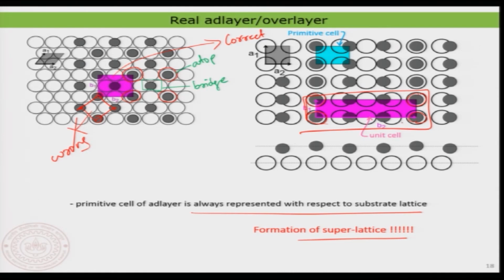You can see the lattice periodicity, in this case B2, is much larger than that of the surface lattice. But please keep in mind that this is not the representation of the surface, and this is the true representation of the surface, because you need to always consider atoms that are in registry with the surface lattice.